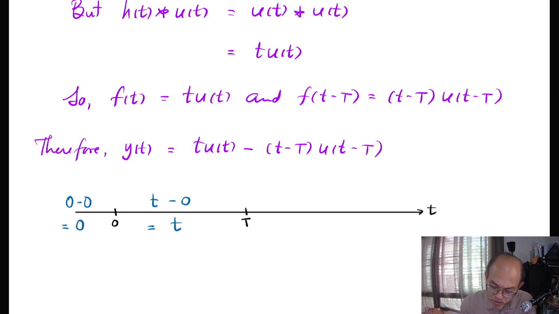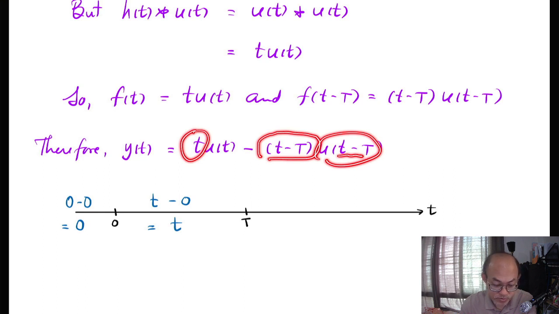Now, when time t is greater than the big T, this number will be positive, and so u will be 1. So the latter term will be t minus capital T, while the former term will be t, because t is greater than 0.